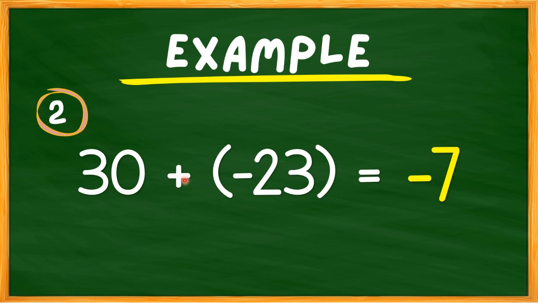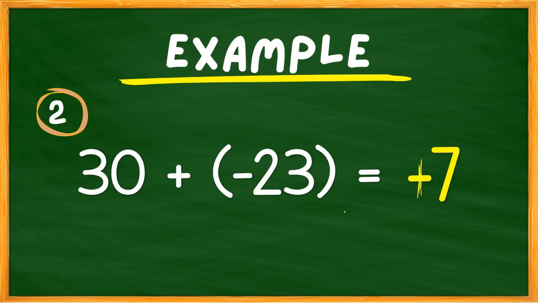Therefore, you're going to subtract 30 minus 23. The answer is 7. And is it positive or negative 7? Yes, this would be positive 7, not negative 7, because the highest absolute value is positive.